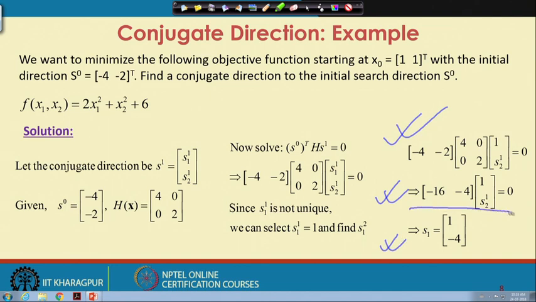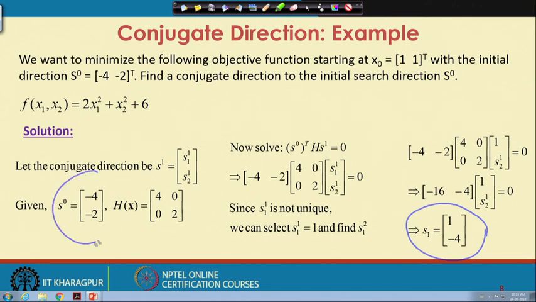From this you can find the value of S subscript 2 superscript 1, that means the other component of the search direction S1. So, the search direction is obtained as (1, -4). So, this (1, -4) is conjugate with (-4, -2) with respect to the Hessian matrix H.